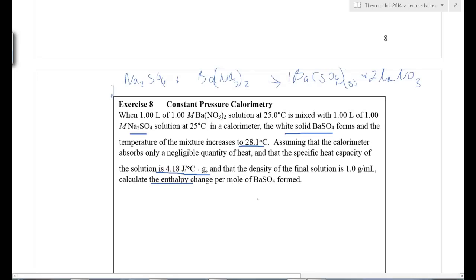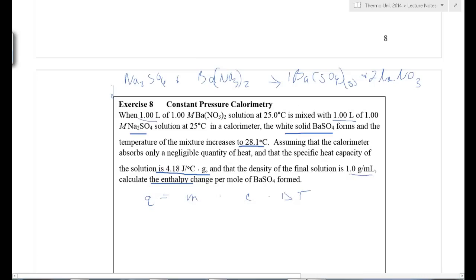Okay, so what I want to do is, I can do my Q equals MC change in T again, because I got a calorimetry problem. So my mass, I have 1 liter of this and 1 liter of this, and again they're mostly water. 1 liter is 1,000 milliliters, and based on the density, which we say is 1 gram per milliliter, that's 1,000 grams.